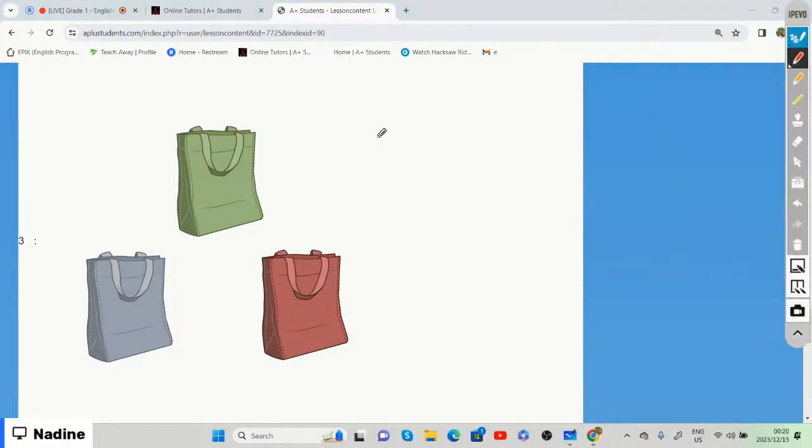We can basically say we have three bags. And we added an s to show the plural form.